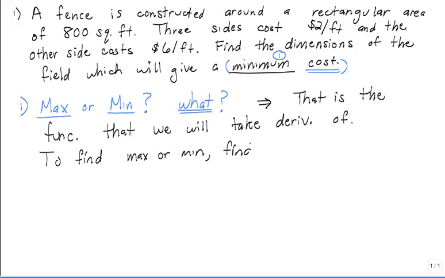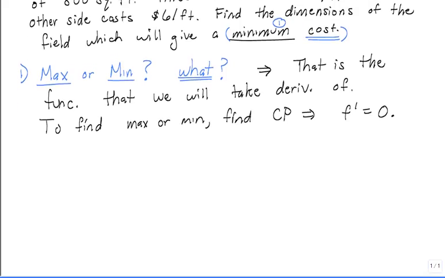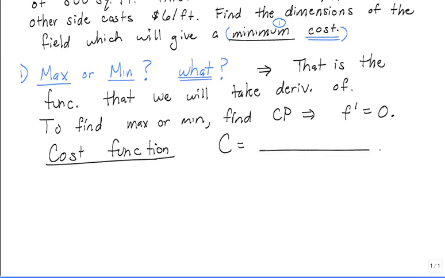You have to find the critical points, which means f prime equals 0. So we know we have to find the cost function here. So C is going to equal something. Okay, so that's step one. Step two.